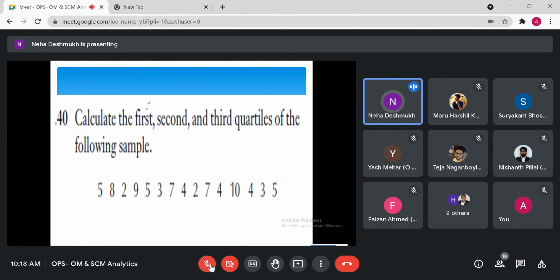It is 3.5, right? 5 and 7. I found it 3.5, but Harshil found it 3. Okay. So what is the location value for L25?